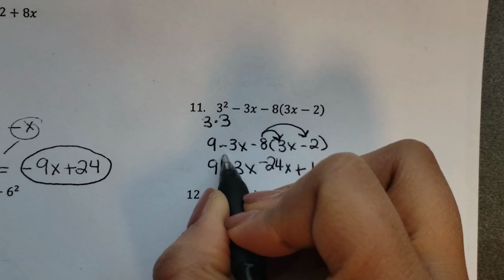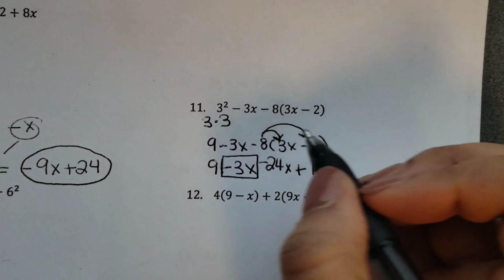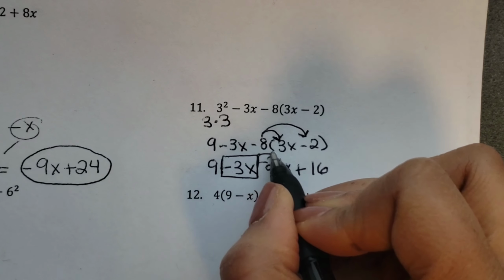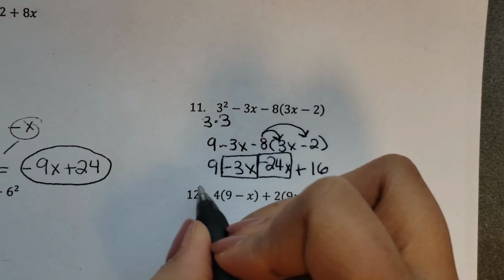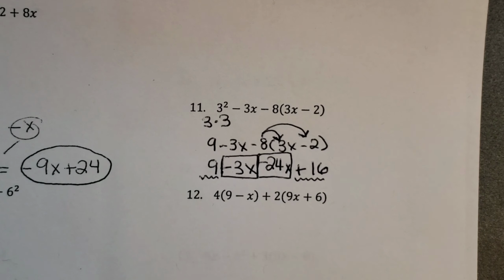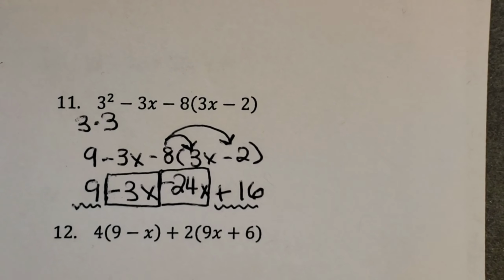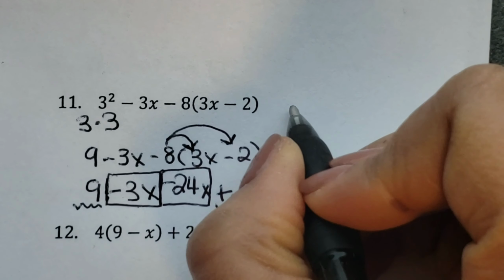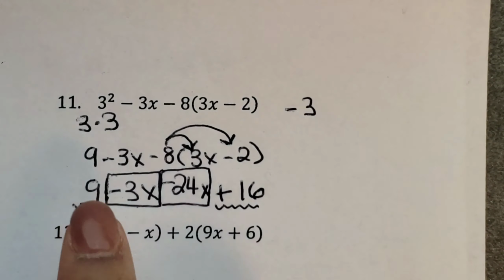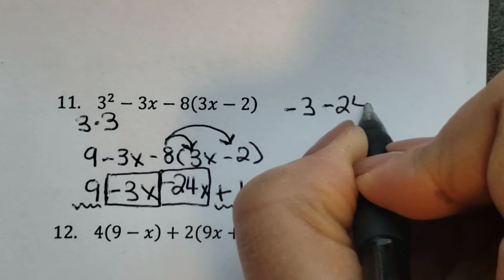From there, we do our boxes and our squiggles. We box in that negative 3x, and we also box in this negative 24x. I put a squiggle under this positive 9 and a squiggle under that positive 16. Just so I won't run into this other problem, I'm just going to come to the side over here. So I'm really doing negative 3, and then the operation between that is minus 24.